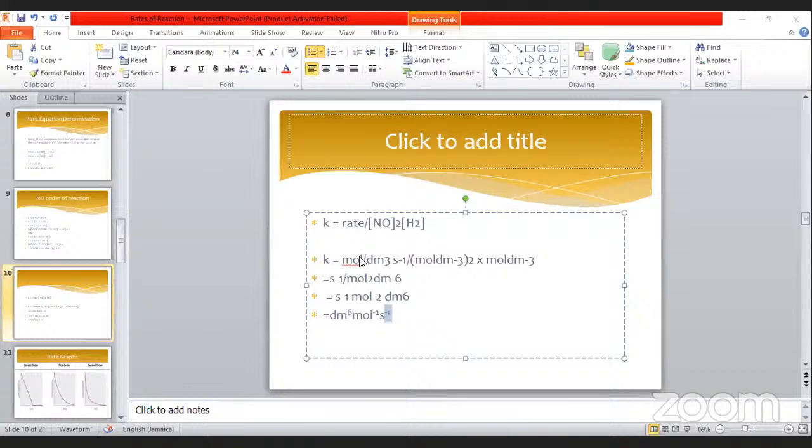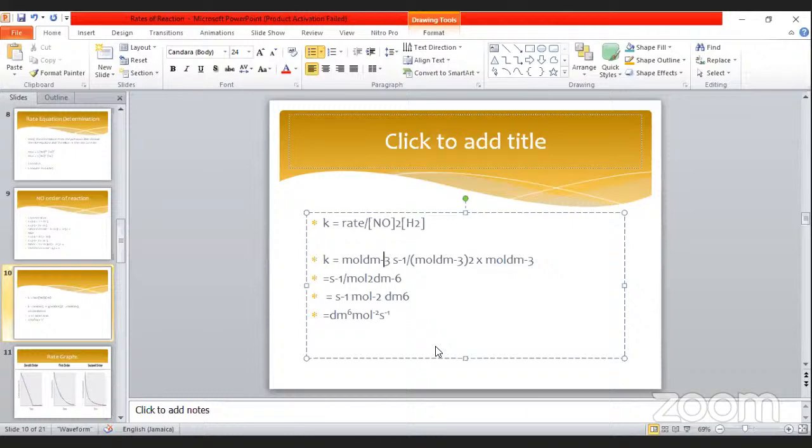Now, what we are looking at are the units associated with each of these quantities. Each comes with its own units. Based on the information given in the table, the units for rate is mole per dm cube per second. If I square the concentration, the unit for concentration also squares.